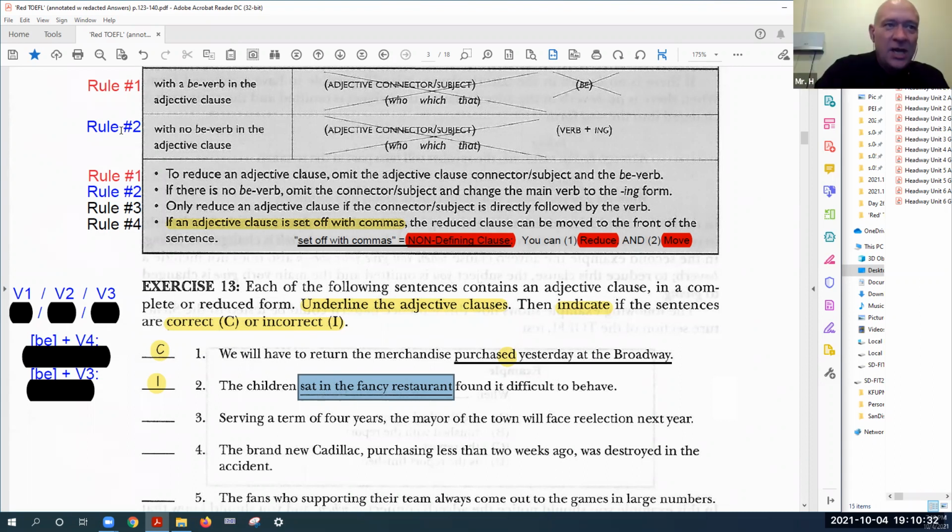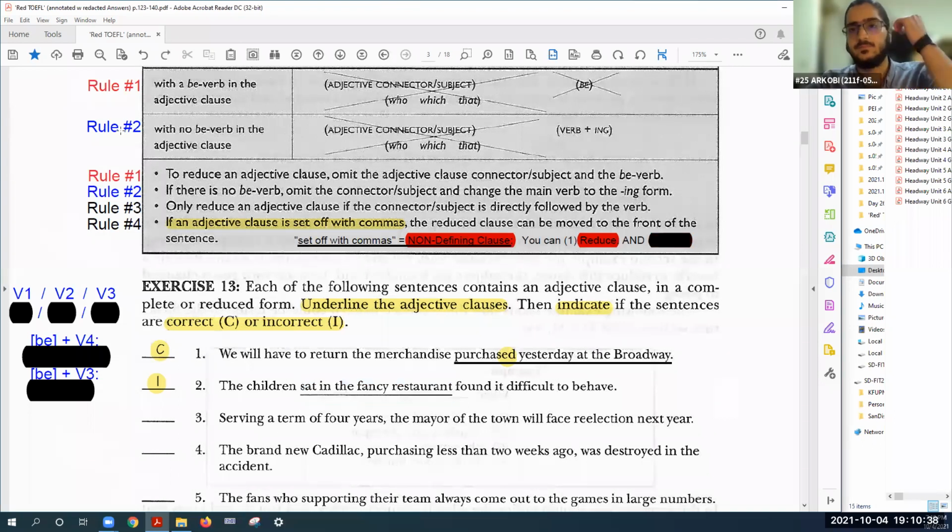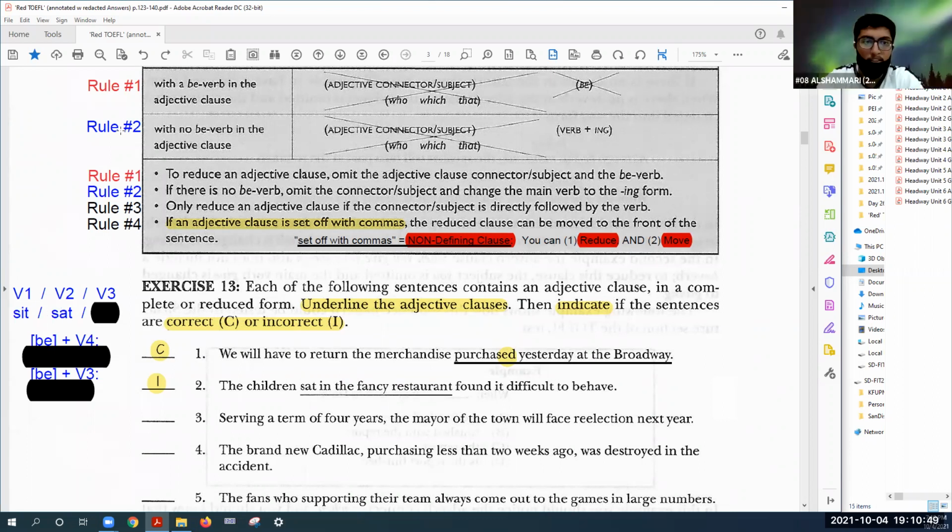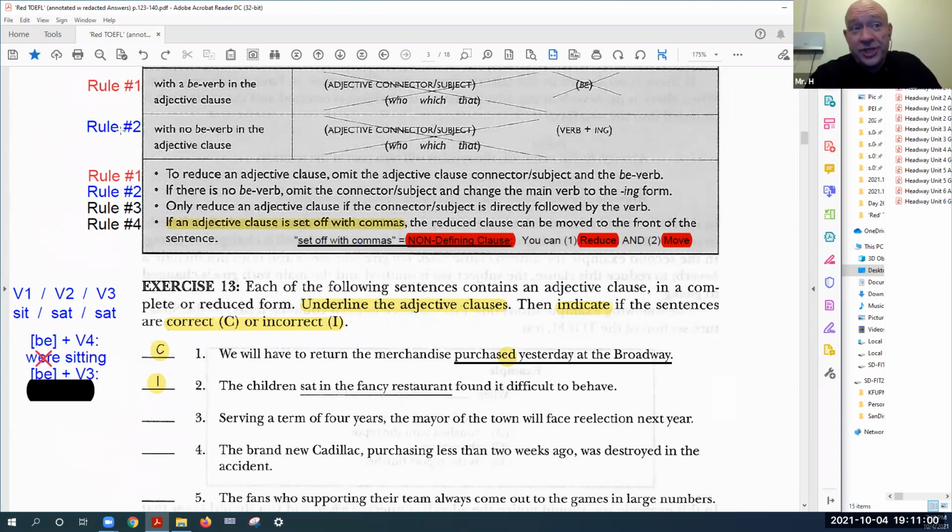Yes. You got it. What's the verb 1 for sat, everybody? Sit. It's sit, right? And then verb 2, sat. Verb 3, sat. Okay, so it's sit, sat, sat. What is be plus verb 4? We're sitting.